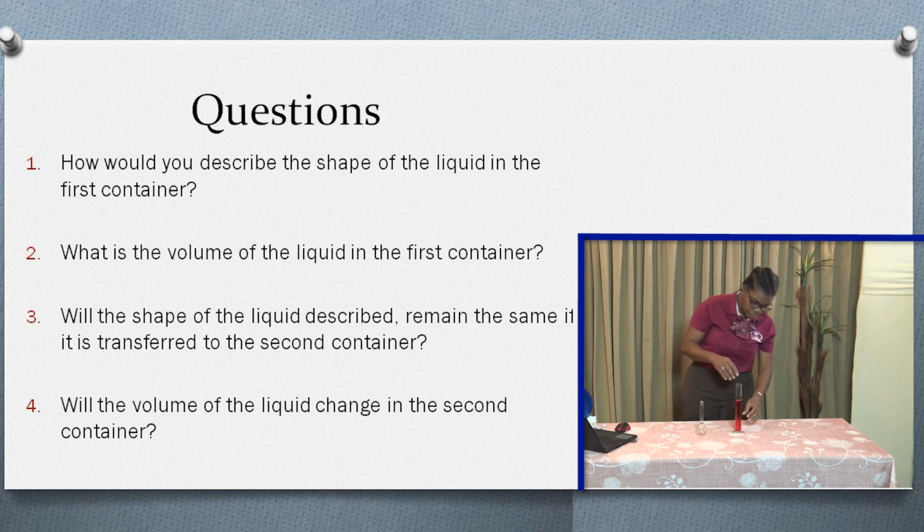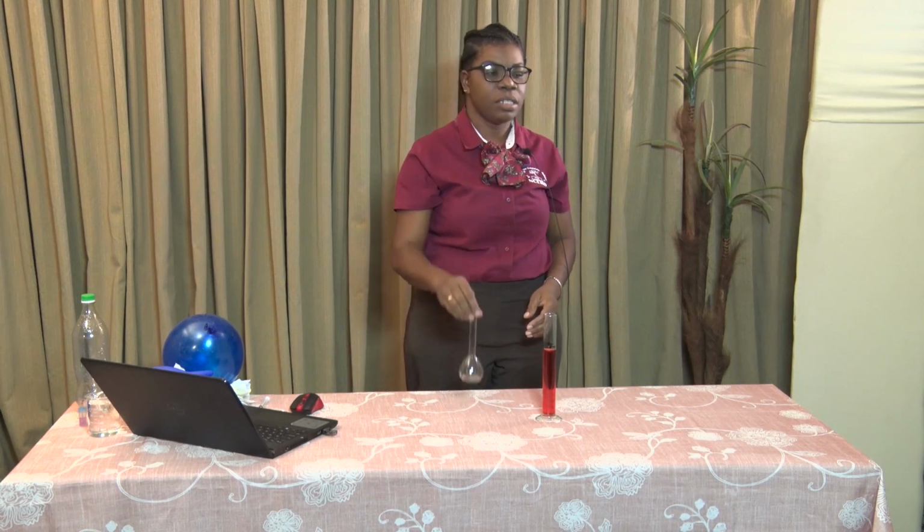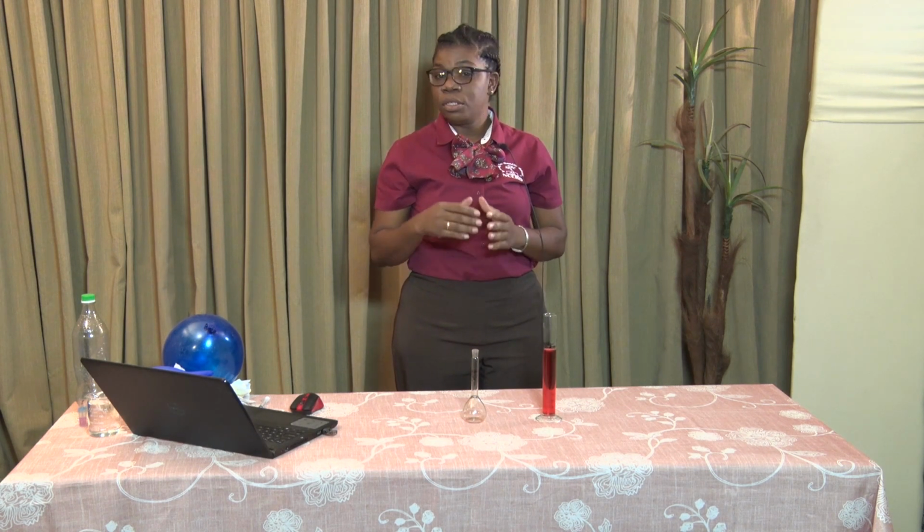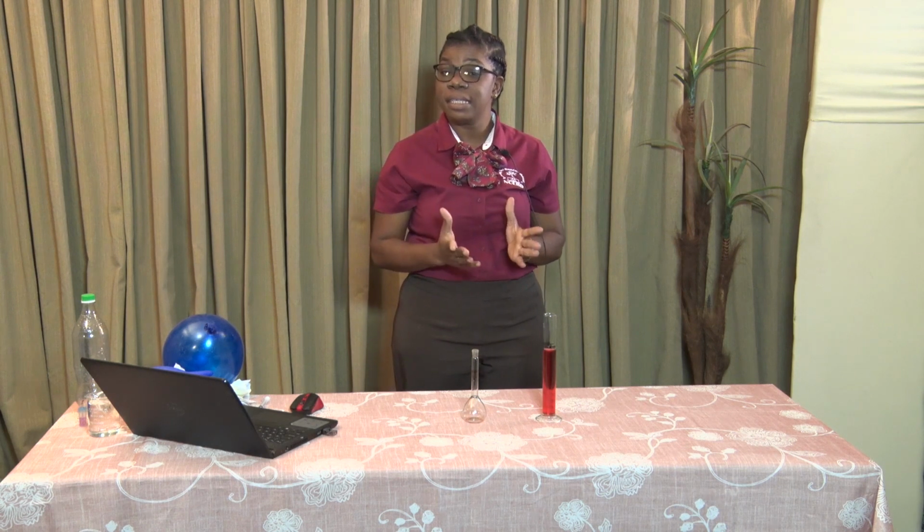Let's see. Good. It is actually 100 ml like it was in this container. So what does that tell you about the shape and the volume of liquids? Good. The shape changes to suit the container, but the volume remains the same.